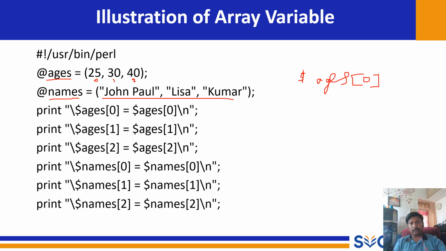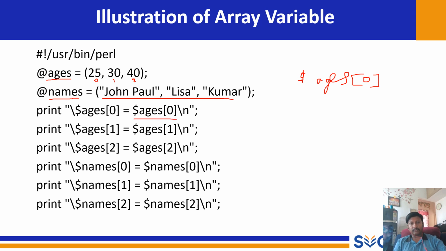If you print dollar ages of, inside the square bracket, if you type 1, you get 30. You got it? So arrays generally store the values from the 0th position. That's what I want to mean. So if you give dollar ages of 0 here, you can output 25 here.